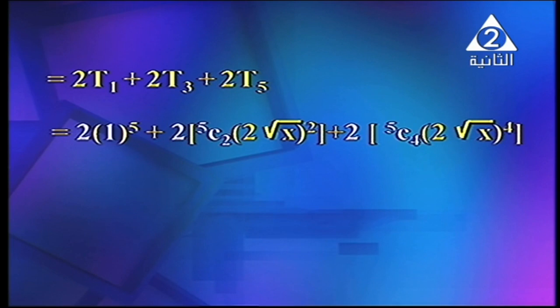First term: 2t1, 2 times 1^5, plus 2t3 means 2 times 5C2 (2√x)^2, plus 2t5, which is 2 times 5C4 (2√x)^4.